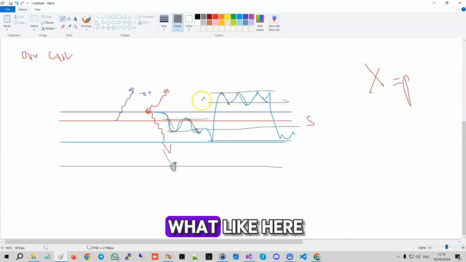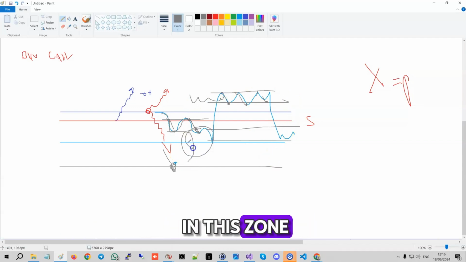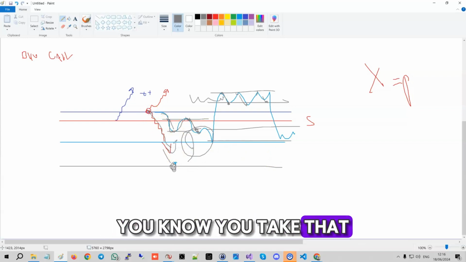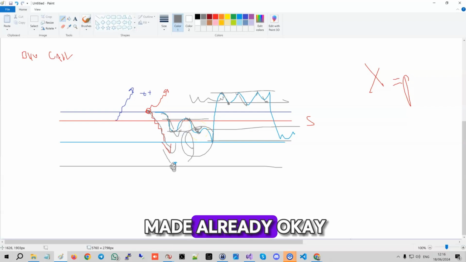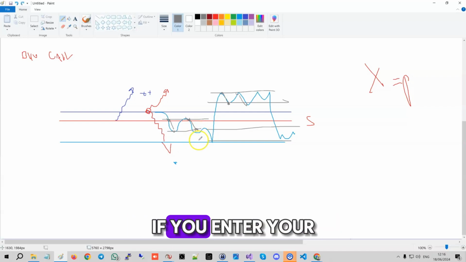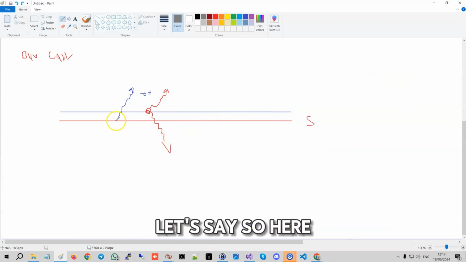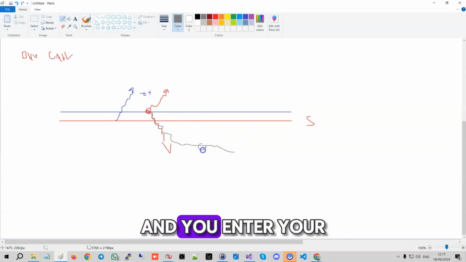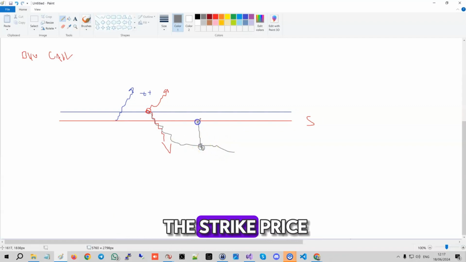Obviously, if you traded here, where the option is in the money, you're automatically hedged once you enter. However, you should probably only trade in this zone after you've made some money. So you can open the futures contract, make some money, take that money, and continue trading, risking the money you made already. Because if you enter your futures contract somewhere here, for example, so here's your strike, here's your current price, and let's say the price went down and you enter your futures contract here, you're not hedged until the strike.